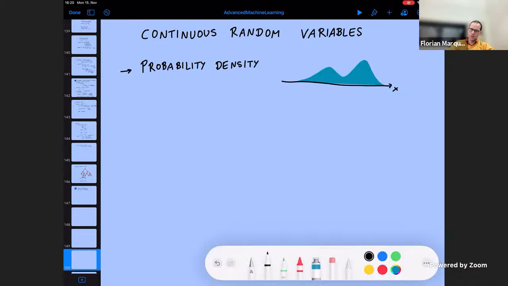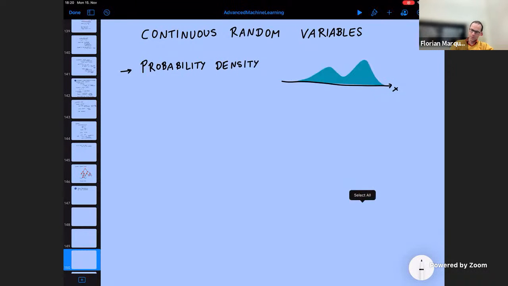And you know, the meaning of this probability density is, of course, if I ask what's the probability to find my random variable within a small interval, let's say of size delta x, then the probability is obtained by taking the probability density and multiplying by delta x.